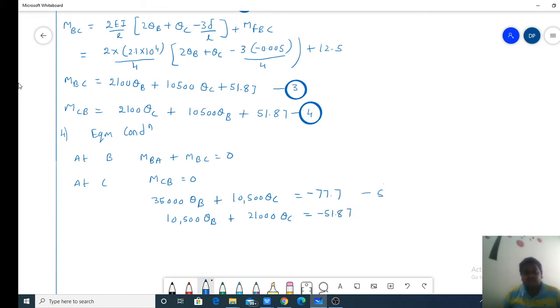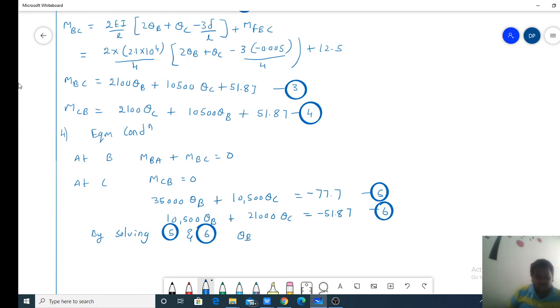Now this is my equation 5 and this is my equation number 6. Now by solving 5 and 6, I have got theta B equal to minus 1.74 into 10 raised to minus 3, and theta C comes out to be minus 1.6 into 10 raised to minus 3.